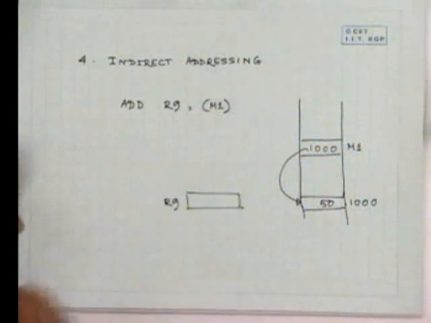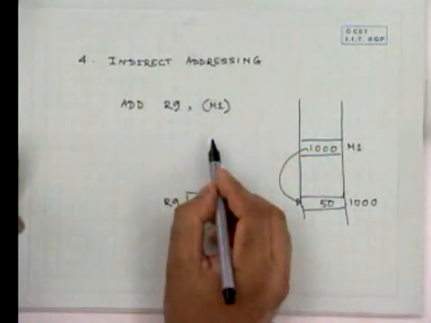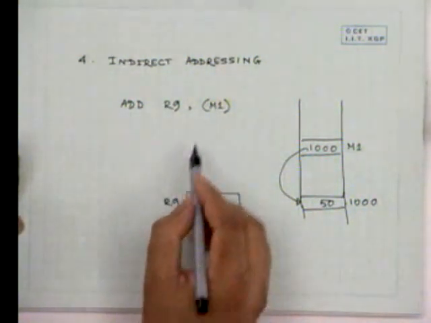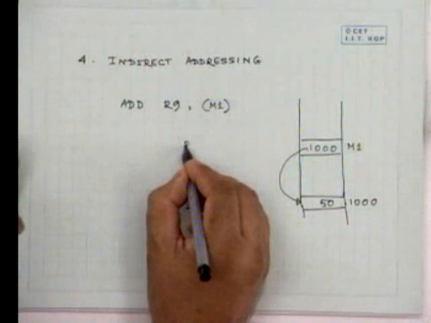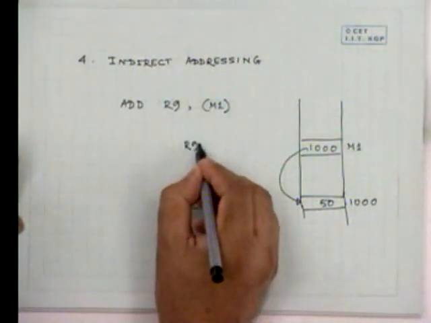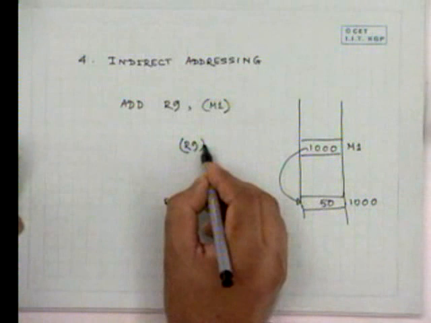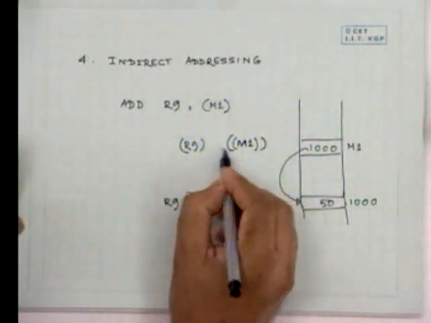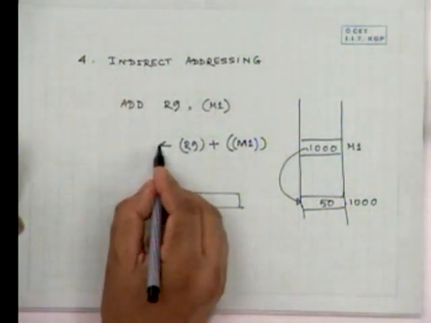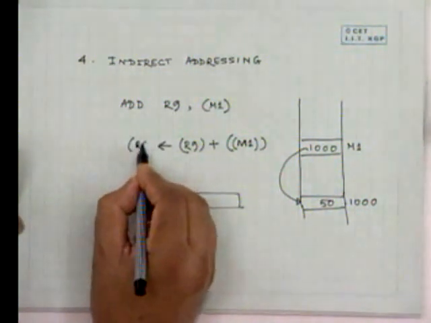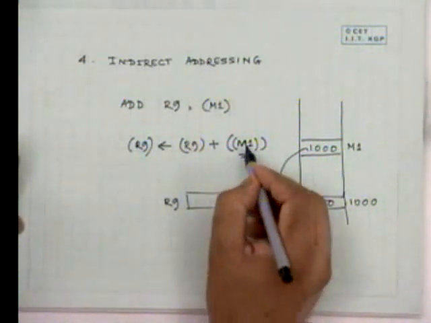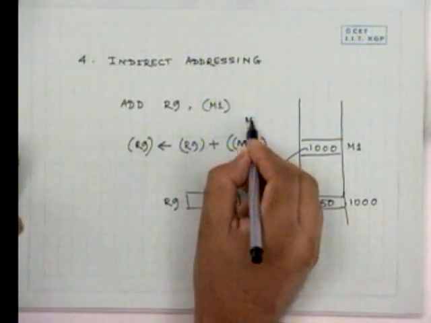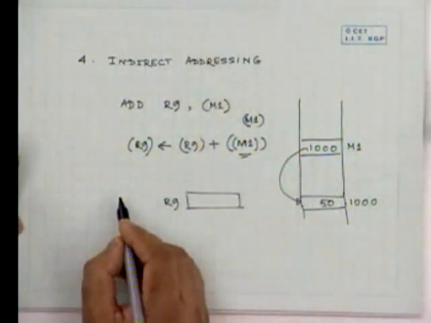Therefore, the effective address is the content of M1 for the source and R9 for the destination, and the operation is that you take the content of R9, you take the content of M1, add, and that comes as the content of R9. Here the operand is the content of M1, and the effective address is the content of M1.